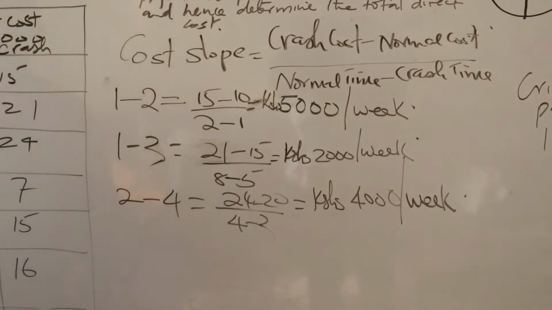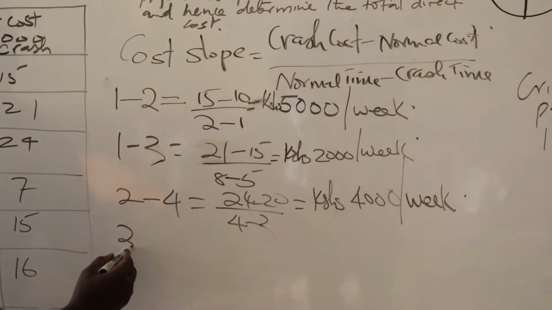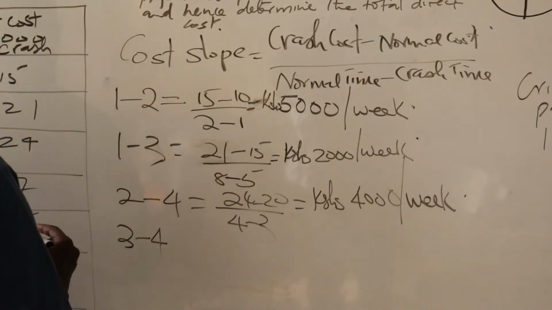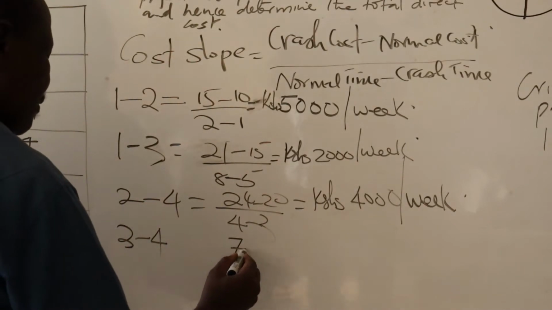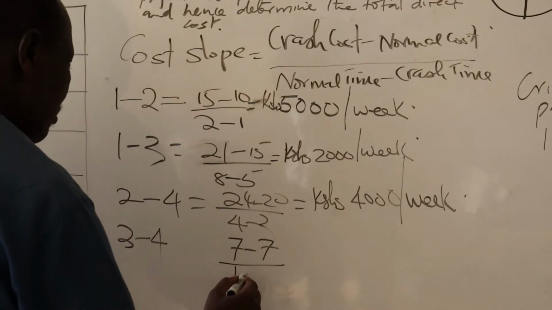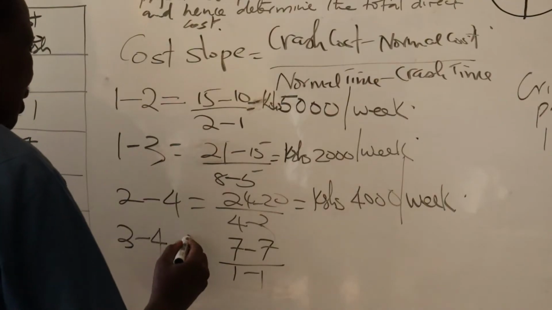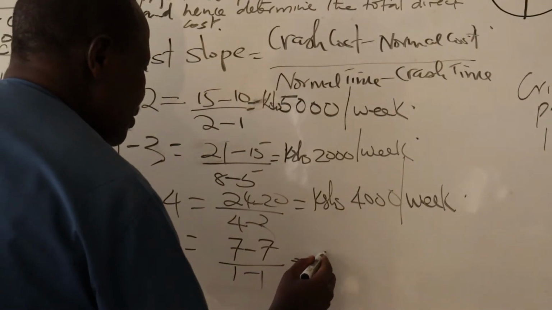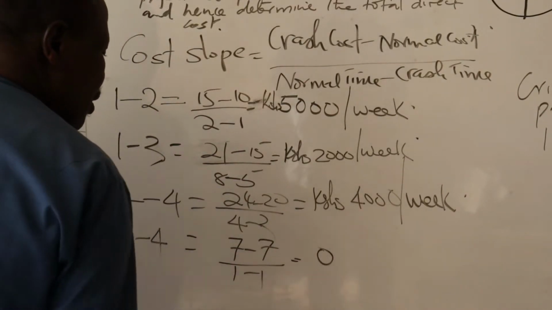Then the cost slope for 3 to 4 is 7 minus 7 all over 1 minus 1, which is 0.